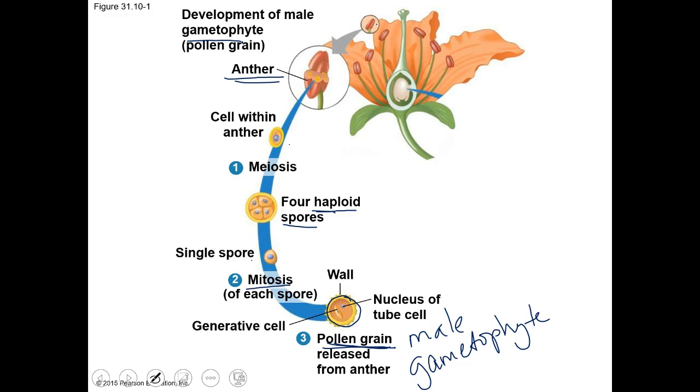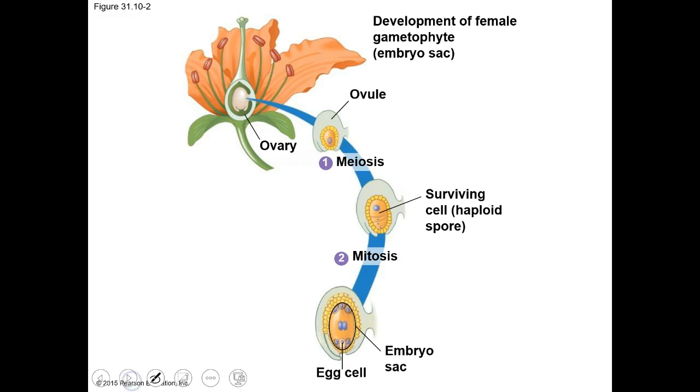Really, it just makes meiosis from one, and then one of those will undergo a couple of mitoses and become a pollen grain. It doesn't take many. For the female, in the ovule, we undergo meiosis to produce a haploid spore. It's still within there. That one little guy right here will undergo mitosis to become an embryo sac.